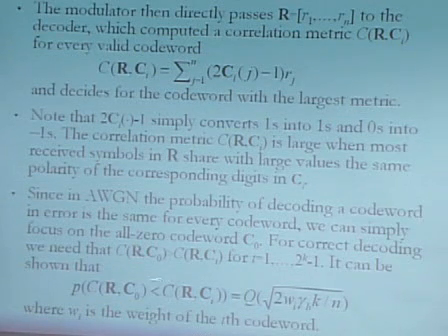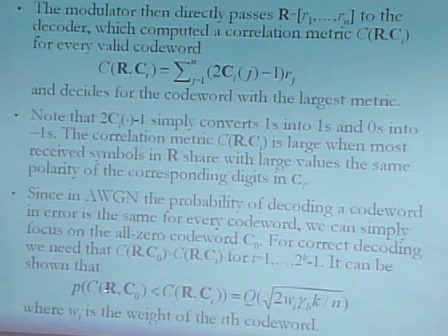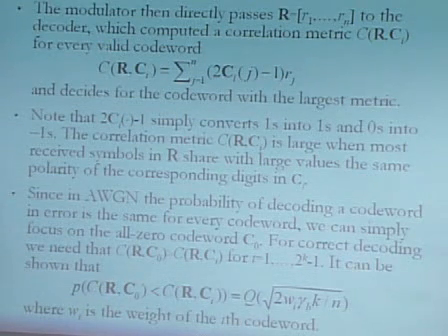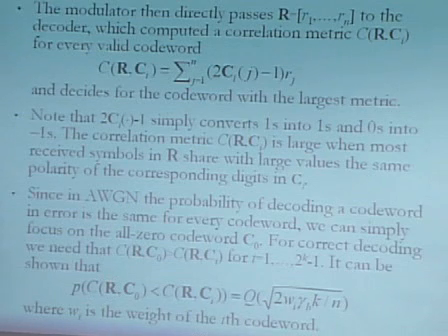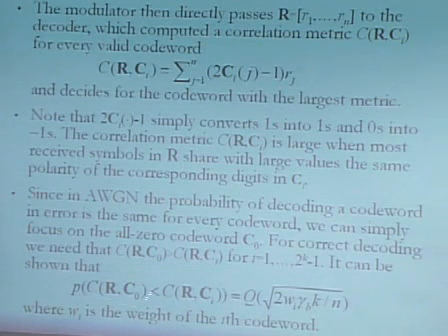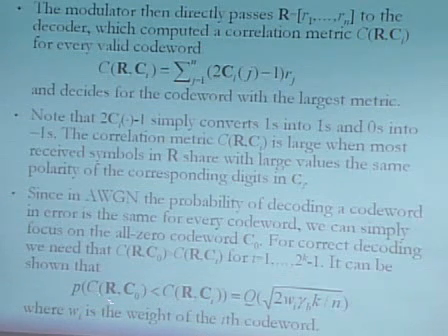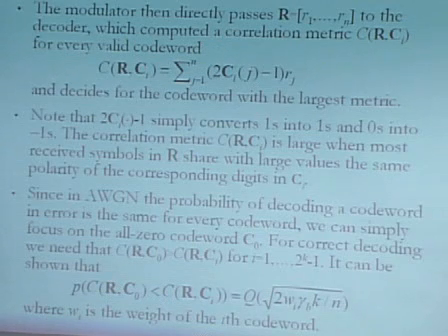We have to compute the probability that the correlation between the received vector R and C sub 0 is smaller than the correlation with another code word, C sub I, in which case we choose I, right? This connects with what we were just discussing: what's the probability that we send C sub 0 and receive R, but R happens to be closer in this correlation measure to another code word, C sub I?